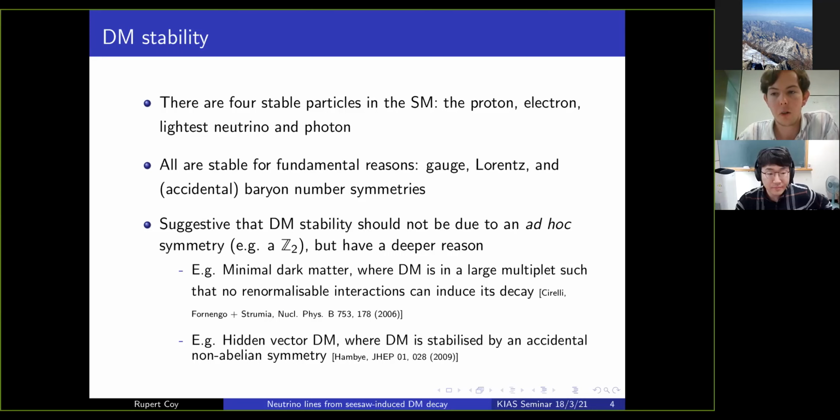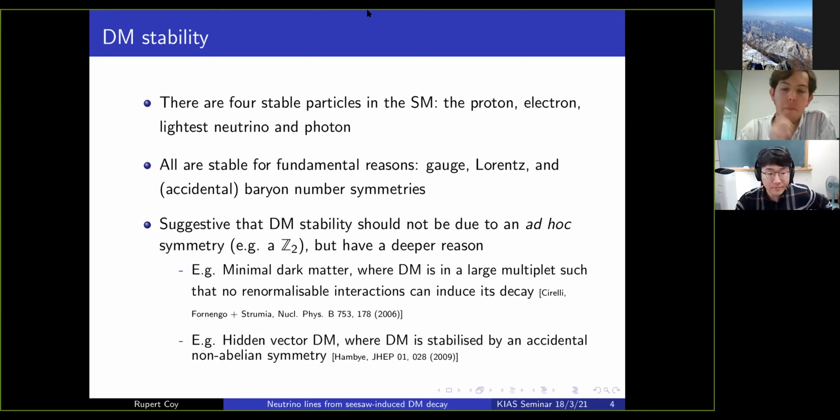The standard model is often an inspiration for physics beyond the standard model. So the fact that standard model particles are stable for fundamental reasons is suggestive, at least, that possibly dark matter stability should have a deeper reason, that there shouldn't just be some kind of Z2 that people put in.